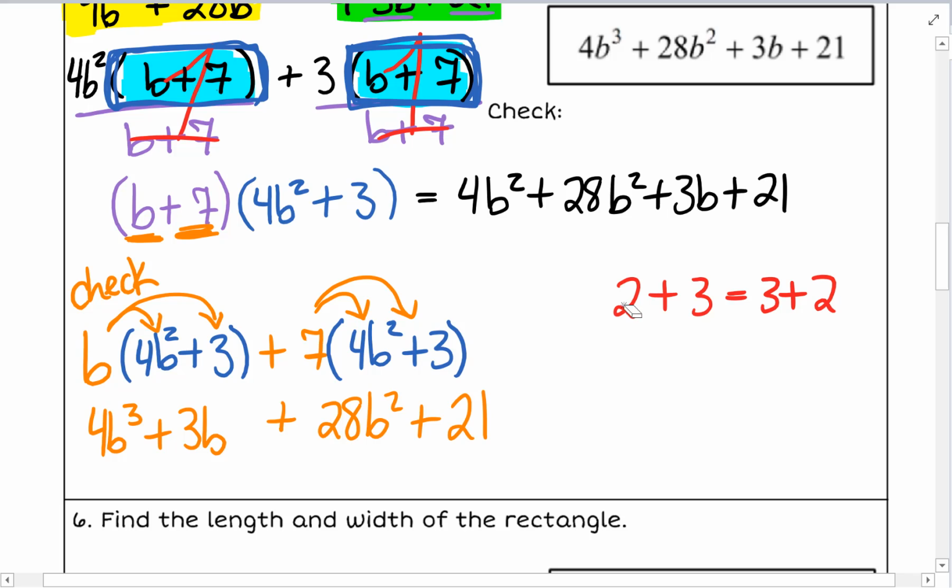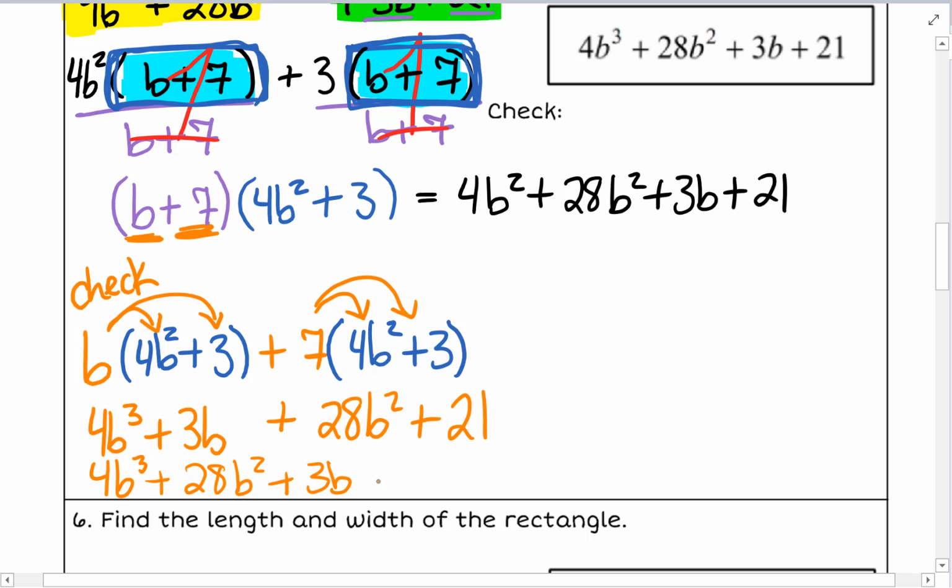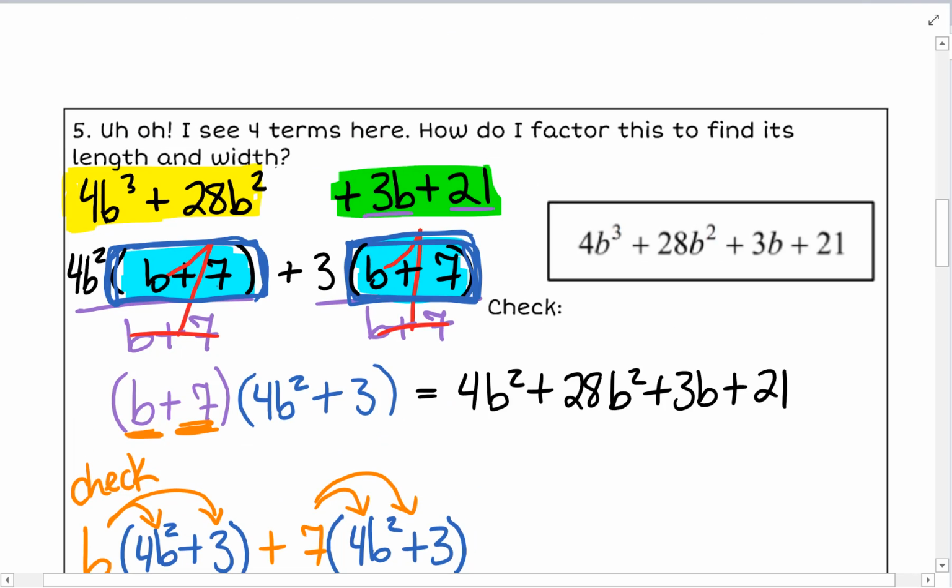So we can actually rearrange our terms. 4b cubed, and then instead of plus 3b, we'll say plus 28b squared, and then we'll add the 3b, and then add 21. Yes, that is definitely the length and width. So now we will write them on our rectangle. b plus 7 and 4b squared plus 3.